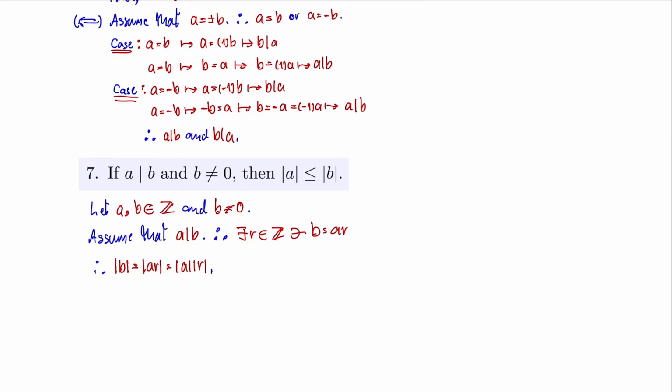Okay, so since the absolute value of R is greater than or equal to 1, and we have absolute of A times absolute of R equal to absolute of B.